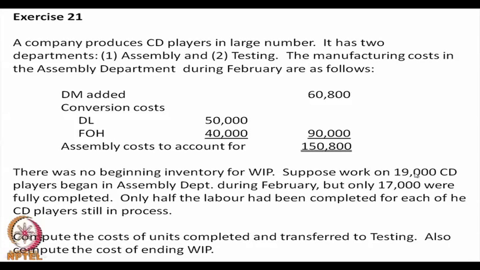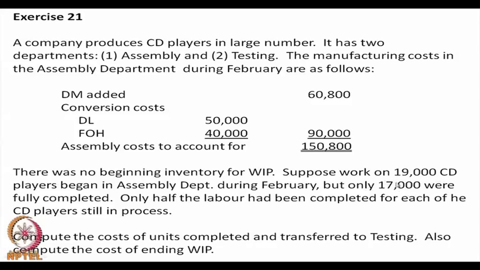Suppose work on 19,000 CD players began in assembly department during February, but only 17,000 were fully completed, and further only half the labor had been completed for each of the CD players still in progress. This says that from assembly 19,000 CDs work started, but 17,000 were fully completed.